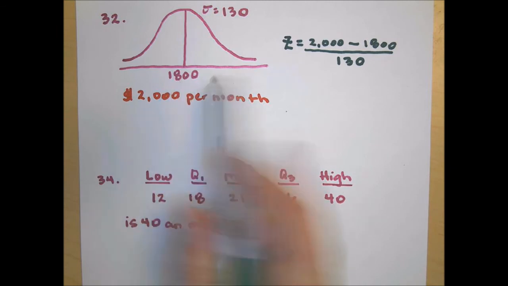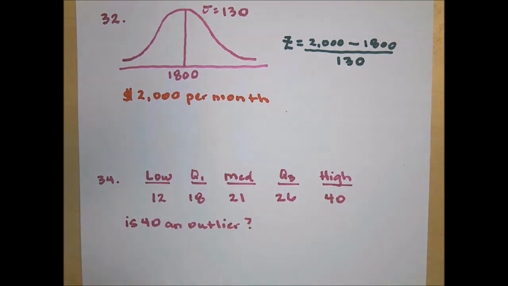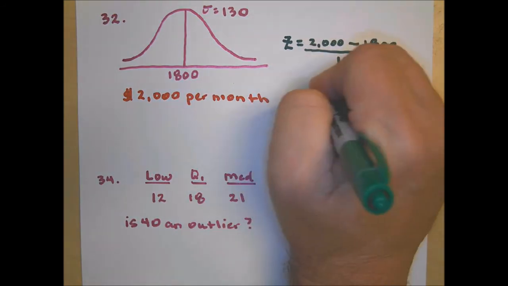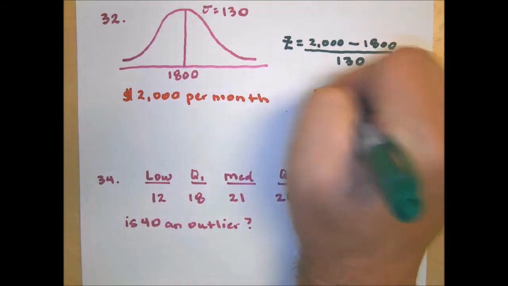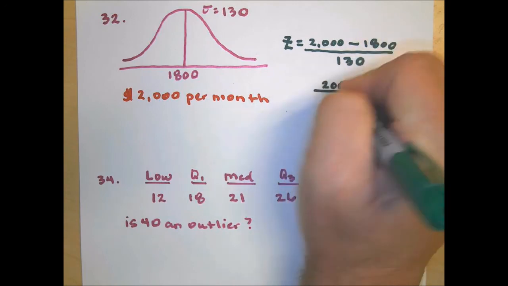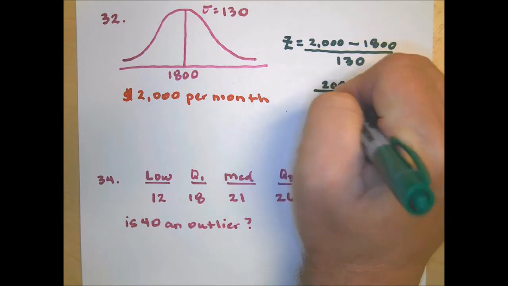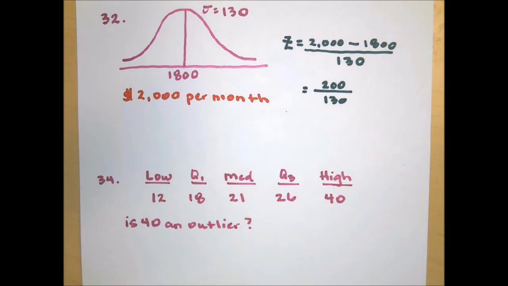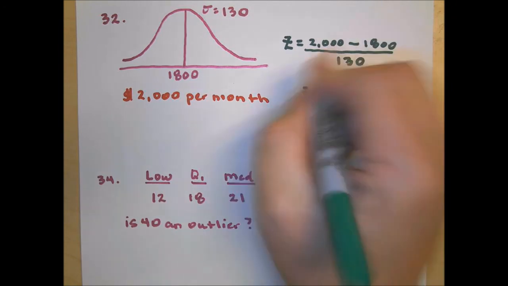So we know it's going to have a positive z-score. So 2,000 minus 1,800 is 200 over 130. So 200 divided by 130 is approximately 1.54.